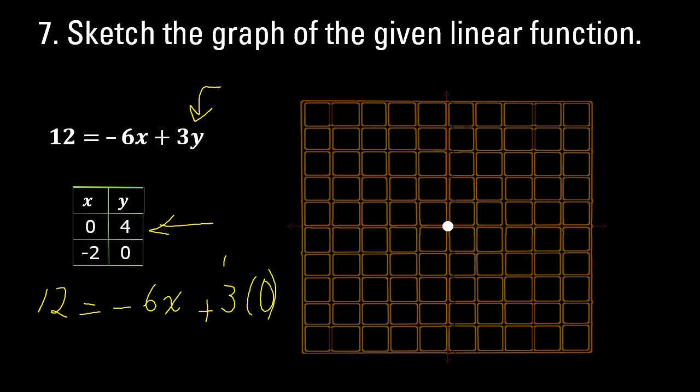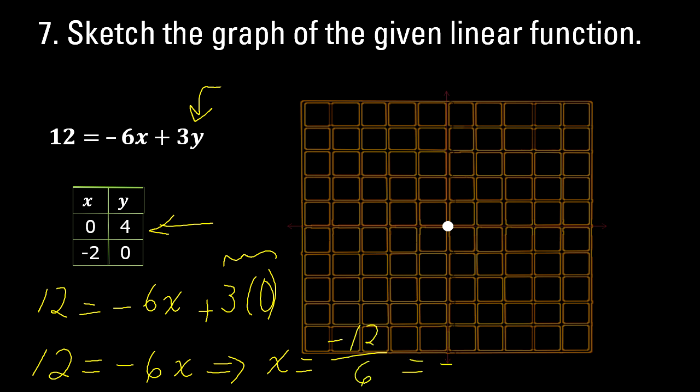So keep in mind this quantity is 0. So now we're going to have 12 equal negative 6x. Therefore x equals 12 divided by negative 6, that's negative 2. And that's how we got the 2 points.